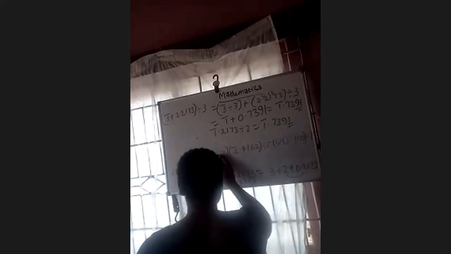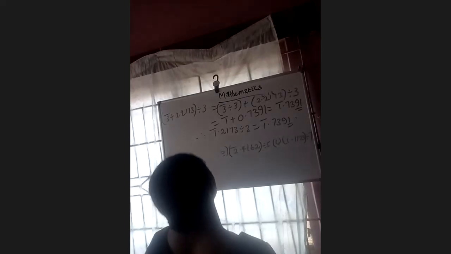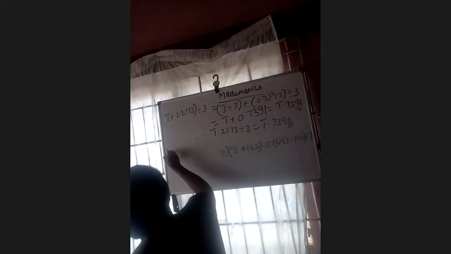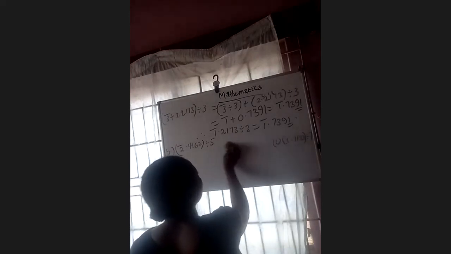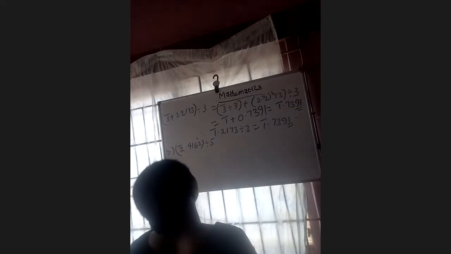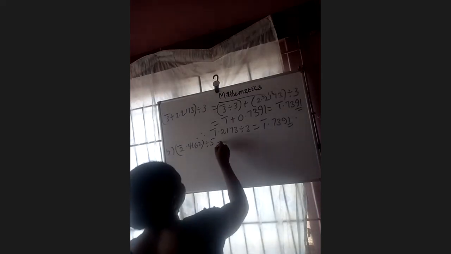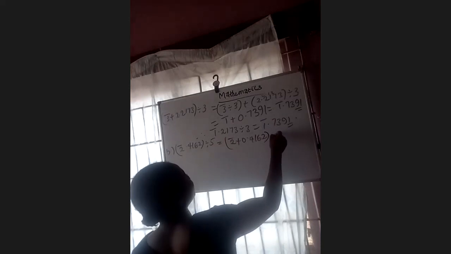Now we come to the second example. Breaking this down, we have bar 2 plus 0.4162 divided by 5.